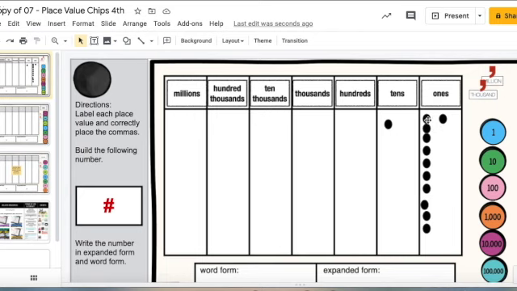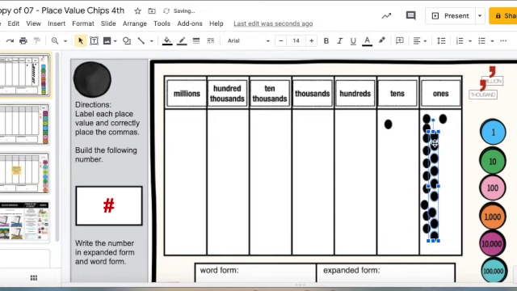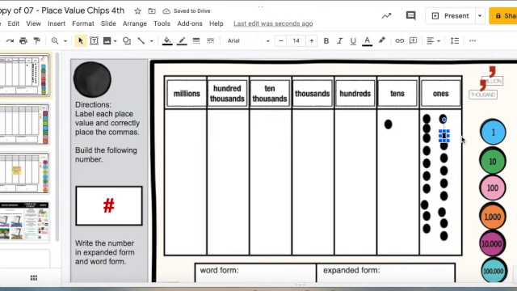So we once again need to do 1, 2, 3, 4, 5, 6, 7, 8, 9. And we can go like this. Okay, now we have another set of 10, or another 10 1s, which would make a second 10.